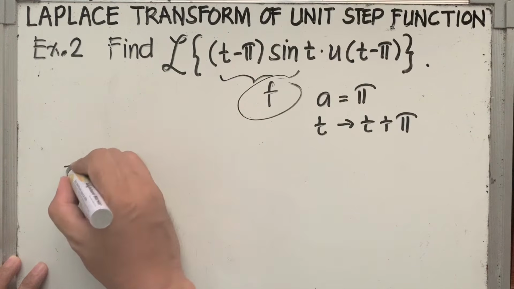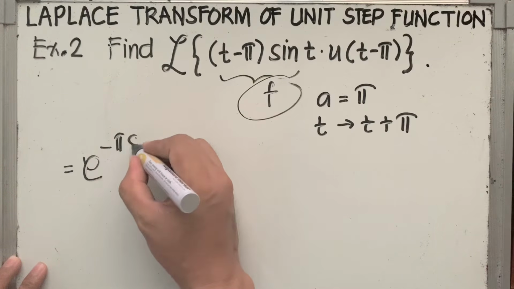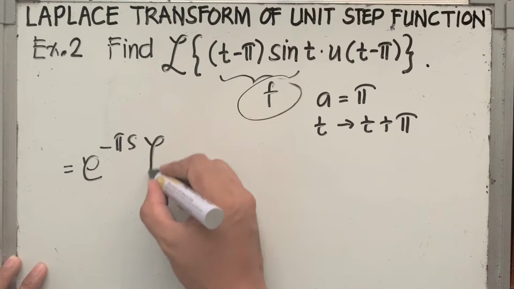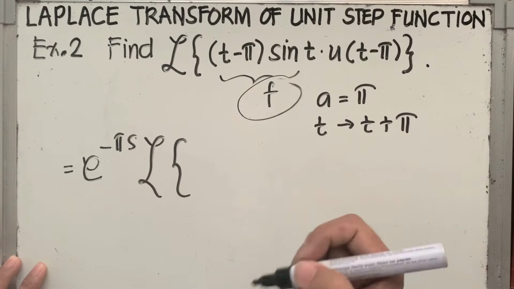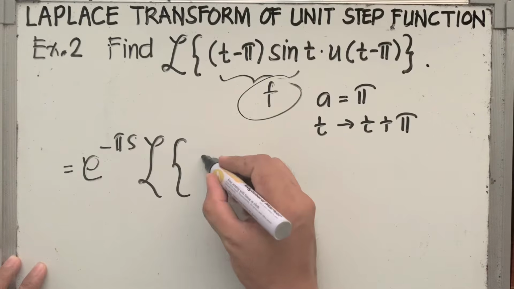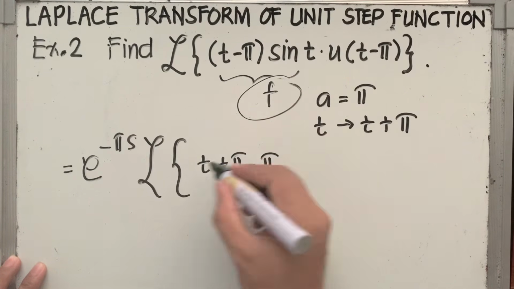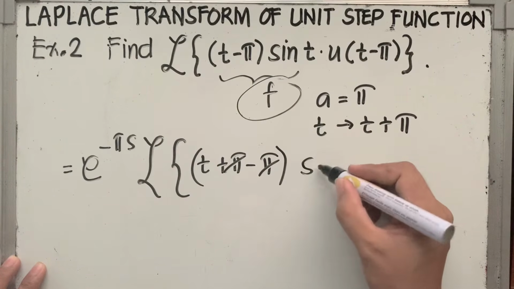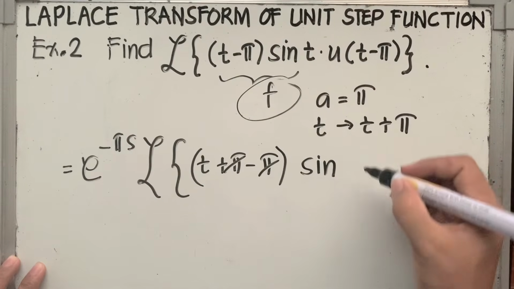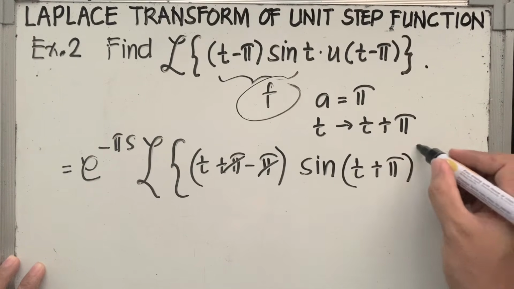Okay, so now, since Laplace transform ng unit step function, so we have e raised to negative pi s. Okay, Laplace of replacing t by t plus pi, we have t plus pi minus pi. So, makakancel na natin yung pi dyan. And then, yung sine t, magiging sine of t plus pi.